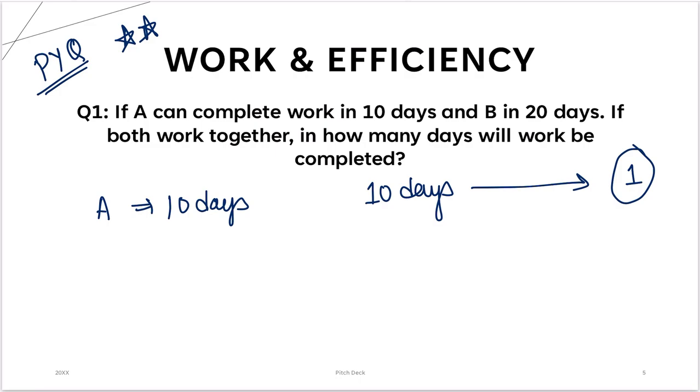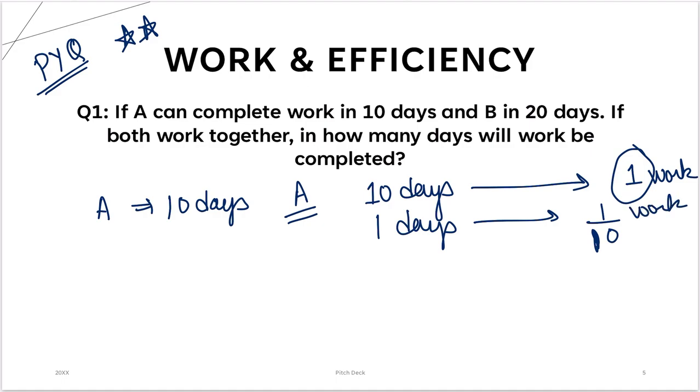So suppose I say 1 is the complete work. 1 means the complete house. If A is working, he takes 10 days to do 1 complete work. In 1 day, how much work will be completed? 1 by 10. This 10 will go under 1. So 1 by 10 is the work he will complete in 1 day. I hope this is clear.